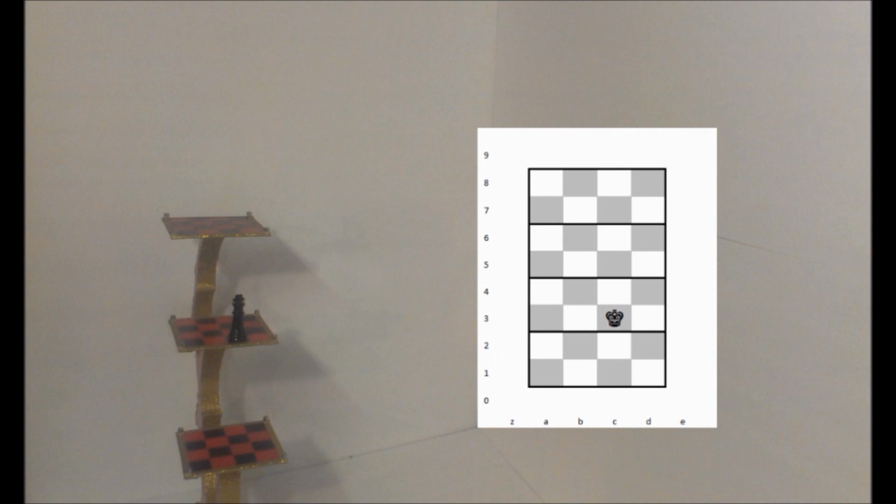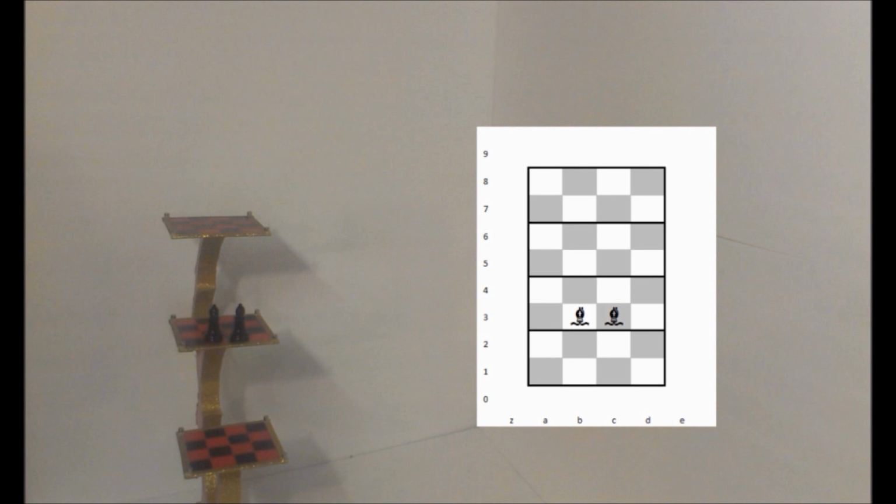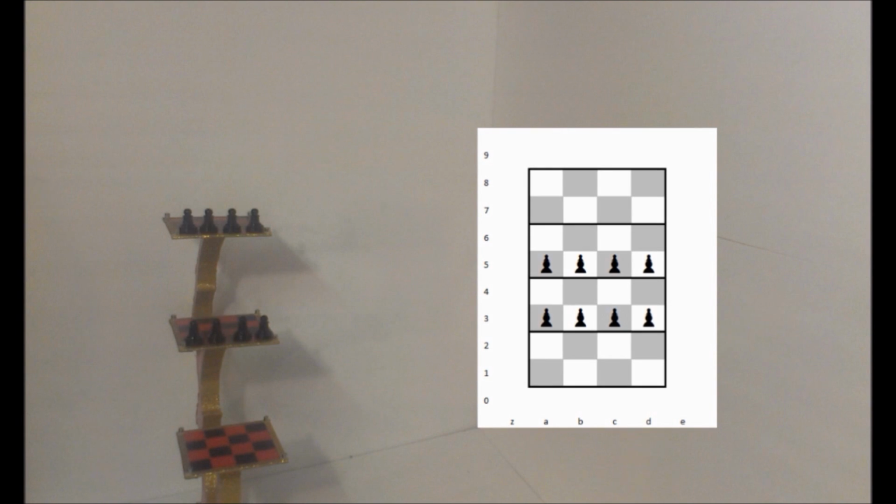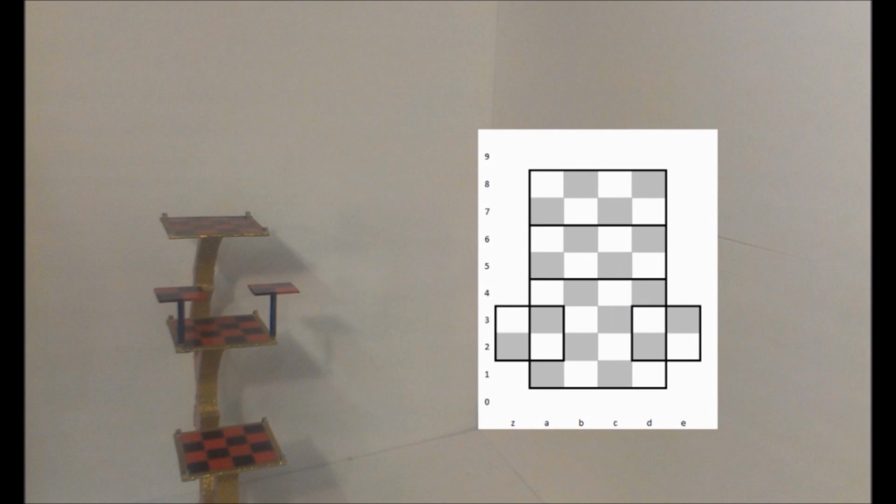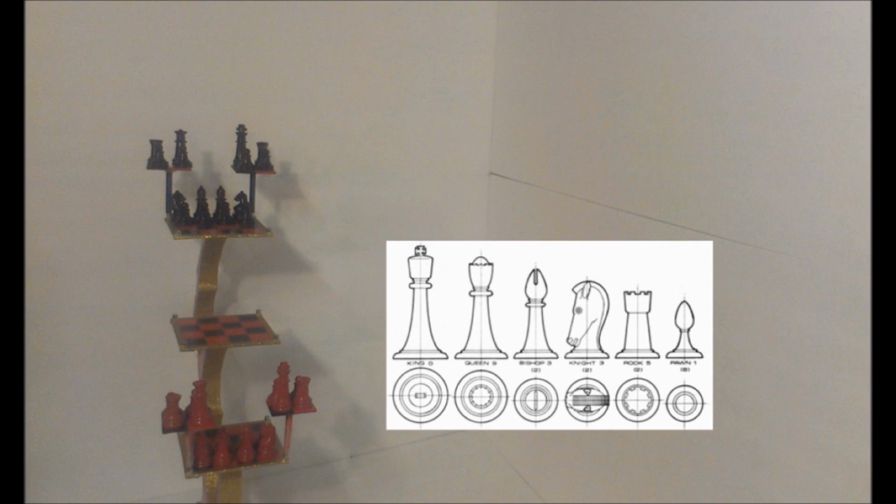A black king, loosely indicated by the symbol K. A black queen, loosely indicated by the symbol Q. 2 black rooks, loosely indicated by the symbol R. 2 black bishops, loosely indicated by the symbol B. 2 black knights, loosely indicated by the symbol N. And 8 black pawns, loosely indicated by this symbol. 2 black attack boards, loosely indicated by this symbol and a capital X. 2.2.2.